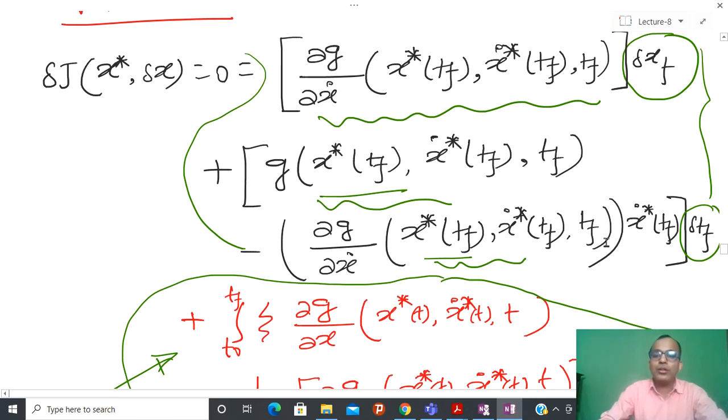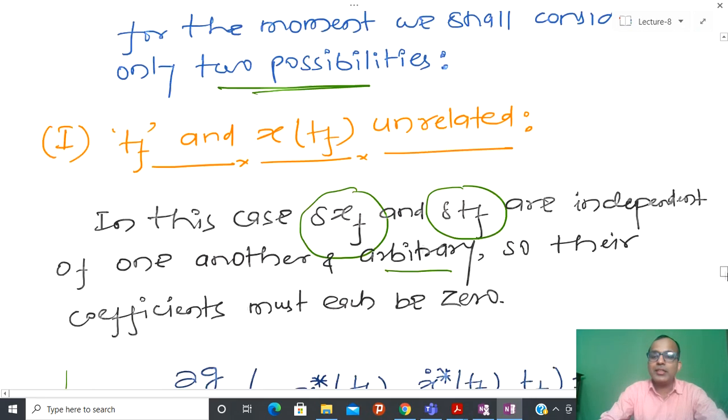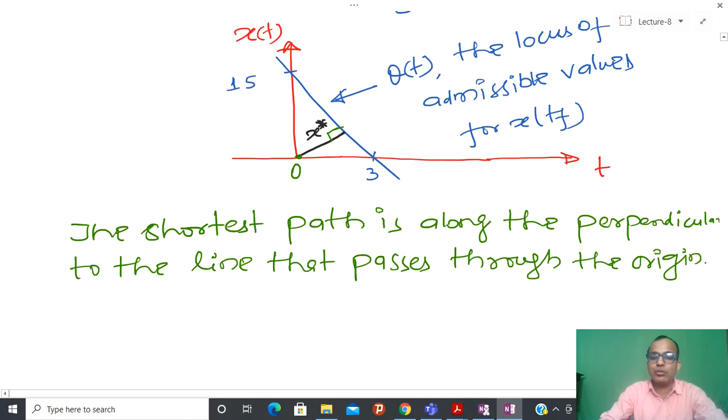So now I am going to conclude this portion of the course. In this portion, what is my assumption? We are assuming that the function belongs to some class, a scalar function, and I have to minimize some functional that is a function of that scalar function and its derivative, as well as the explicit presence of time.